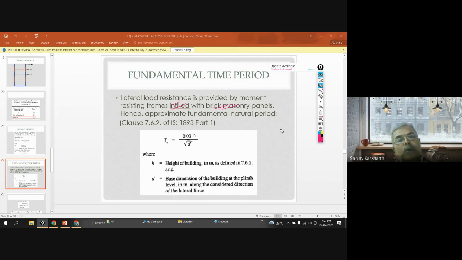In that case, you don't find any brick masonry over the beams. In that case, code says that the formula is something like this: TA equal to 0.075 H raised to 0.7.